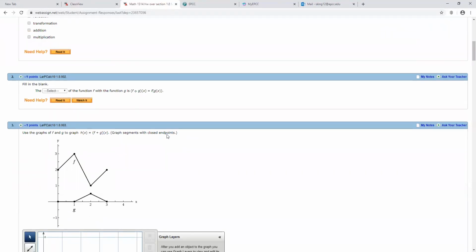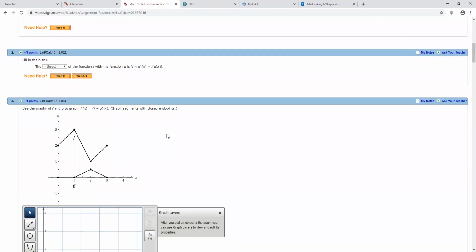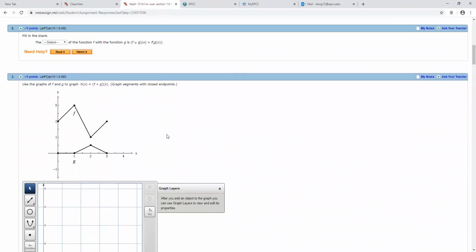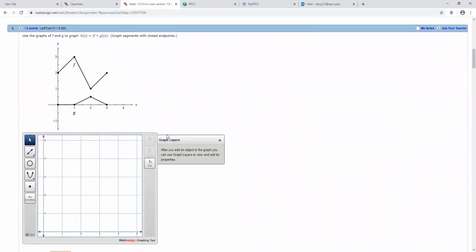Okay, so I think the best place to start is on number 3 right here. Can you see the WebAssign page? Yes, sir. Okay, so I think I'm going to be scribbling here more on this section again today than on my notebook. But hopefully no problem.